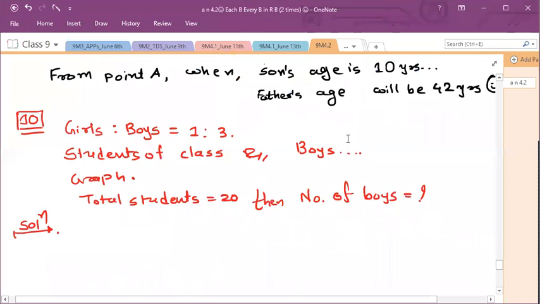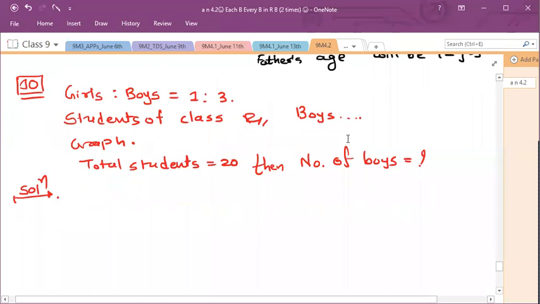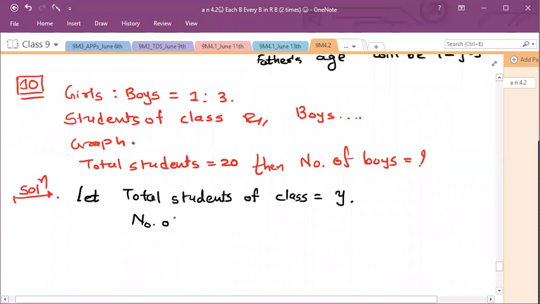So we have to form an equation between students of the class and boys. Assume that the total students of the class are y and the number of boys in the class is x.